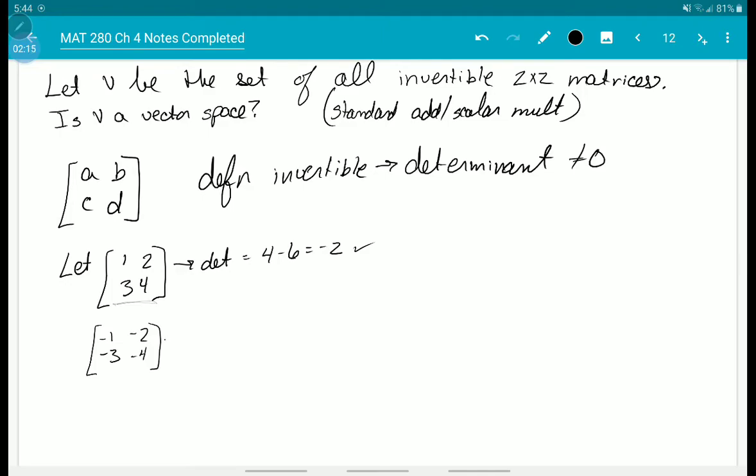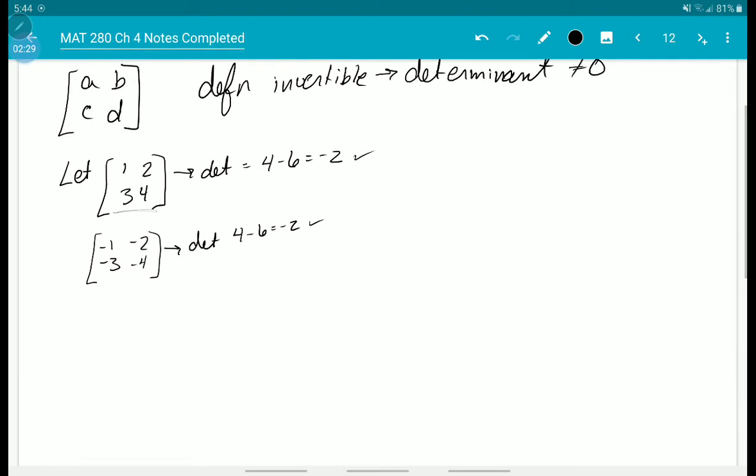We're asking, is this invertible? Well, let's look at the determinant. So the determinant here would be 4 minus 6 also, which is negative 2. So this is invertible. So we have two matrices that are invertible. But check out what happens when we add them together. We're looking for closure under addition.